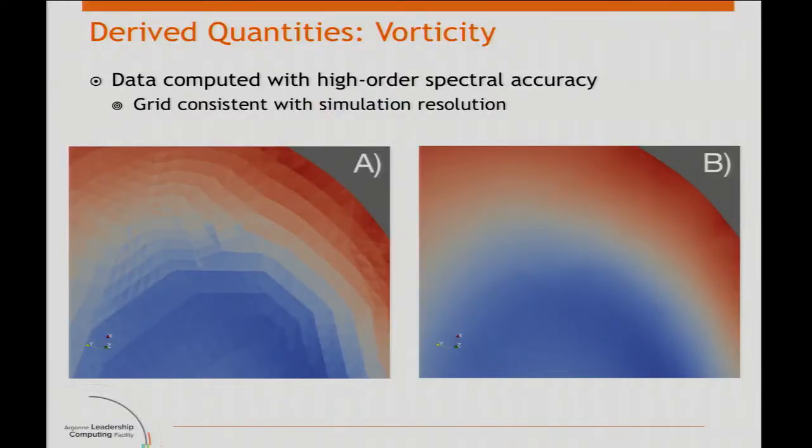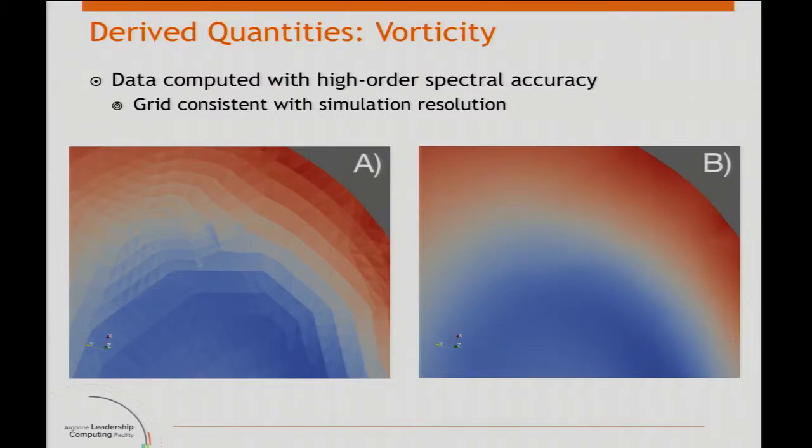Here's an example of where I was saying it was important to be able to get access to the finite element data directly. For example, here we're calculating vorticity. The image on the left is where we read the velocity values on a grid and pass them off to ParaView, which then calculates the vorticity.